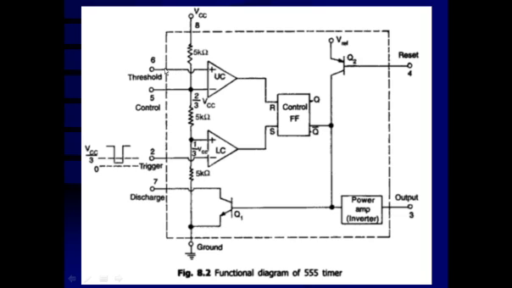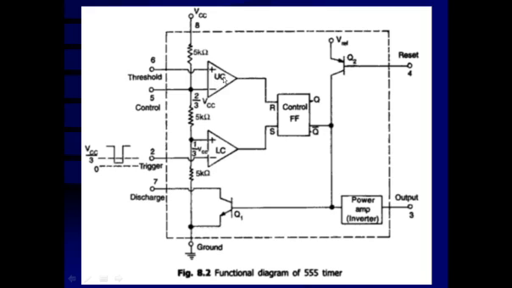Similarly, what happens here? This comparator's threshold terminal is also at a lower voltage, 0 volts, because the voltage across the capacitor is 0. Pin number 5, the control or reference terminal, is at 2 by 3 VCC, so this negative terminal potential is higher than the positive terminal potential.